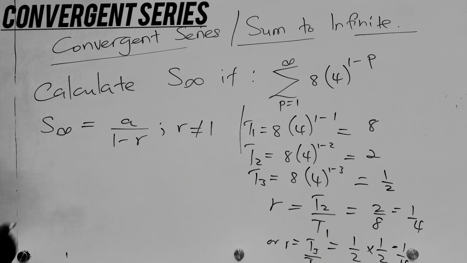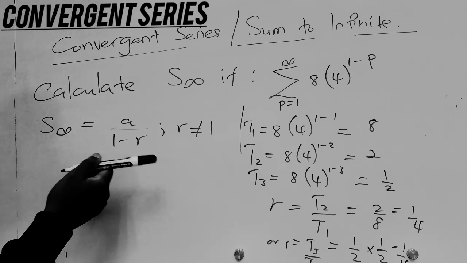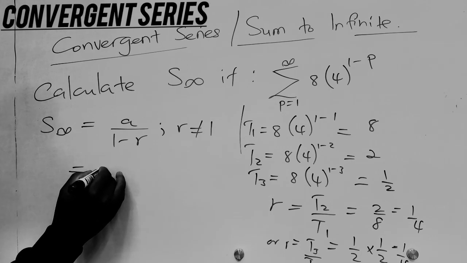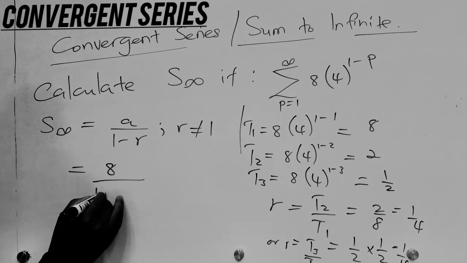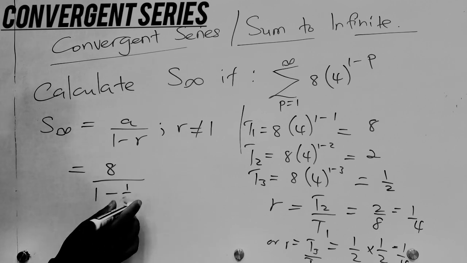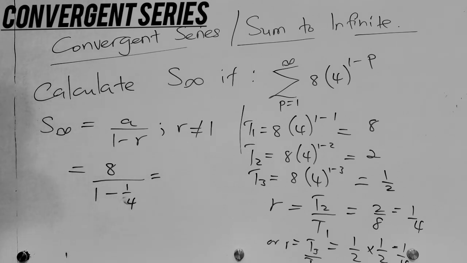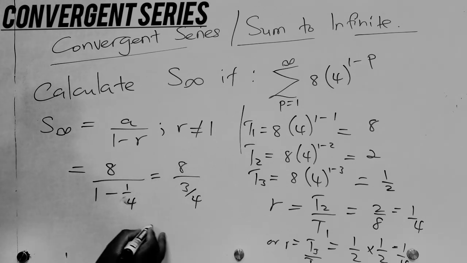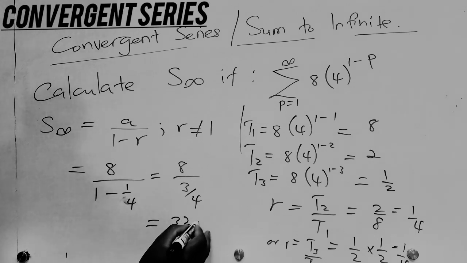So now on our sum to infinity, a is the first term, which is 8, or T1, over 1 - r, where r is 1/4. Then 1 - 1/4 is 3/4. If we simplify here, it becomes 32/3. That will be our sum to infinity.